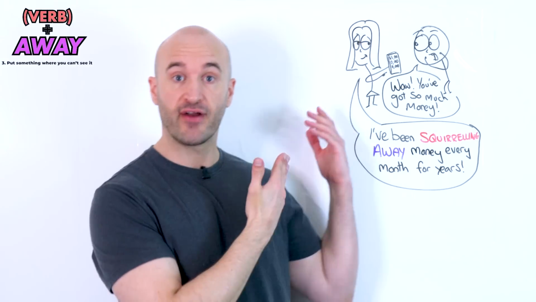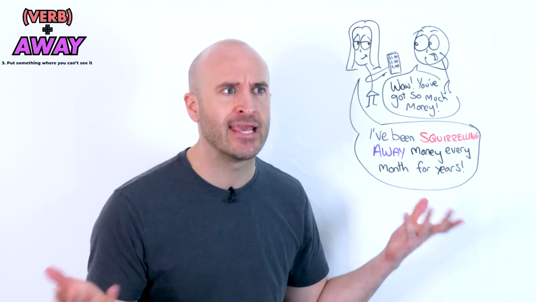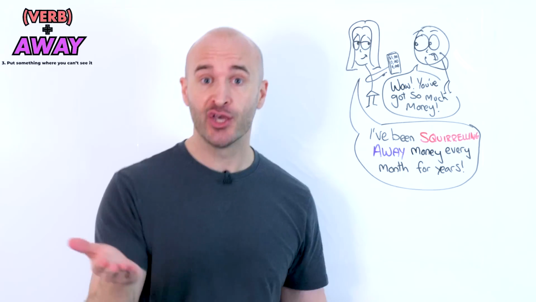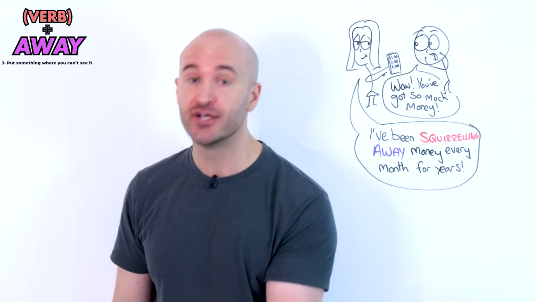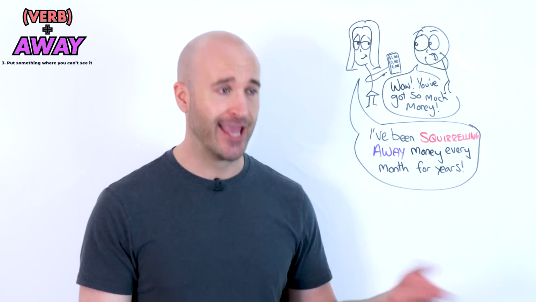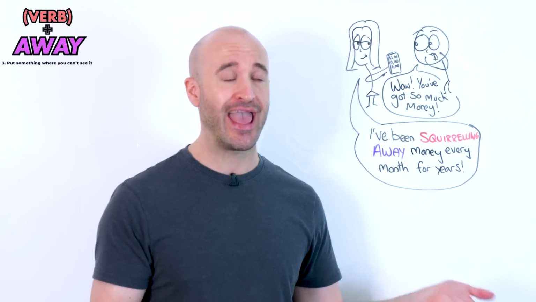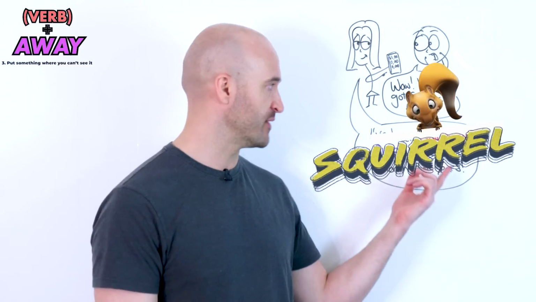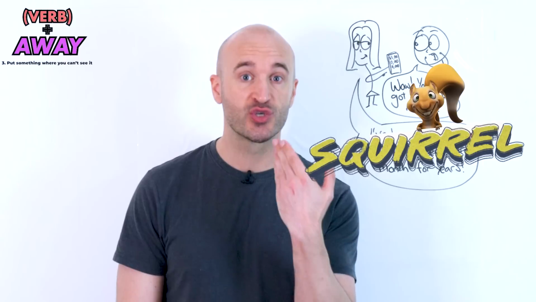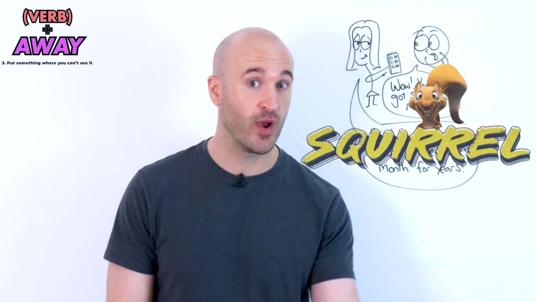For example, your friend shows you that she has $1 million in her bank account. You want to say, "Wow, you've got so much money." She can reply, "Yeah, I've been squirreling away money every month for years." Pronunciation, I know this one is quite difficult. Squirrel.